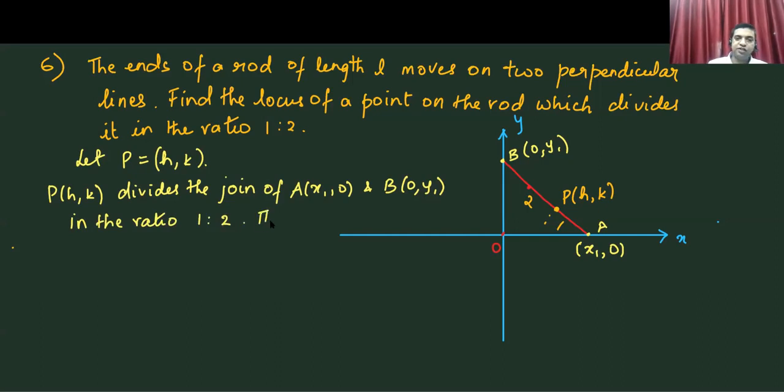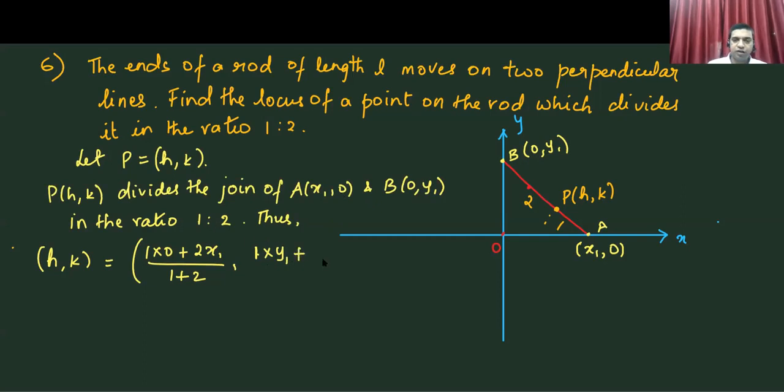Therefore, by the section formula, we get (h, k) equal to ((1 times 0 plus 2 times x1) by (1 plus 2), (1 times y1... m y2 plus n y1, so you get 2 times 0 plus 1 times y1) by (1 plus 2)).